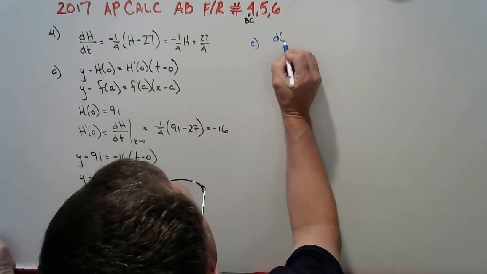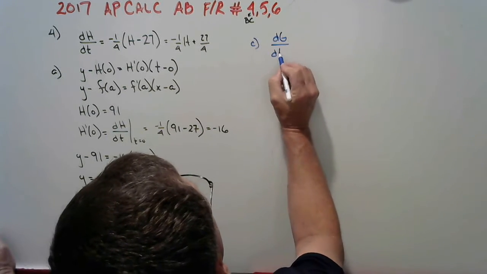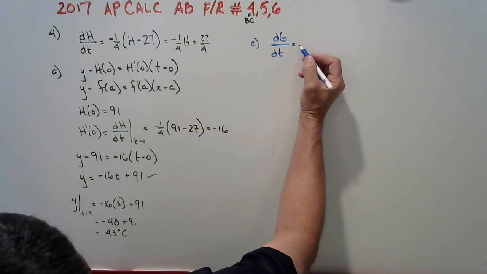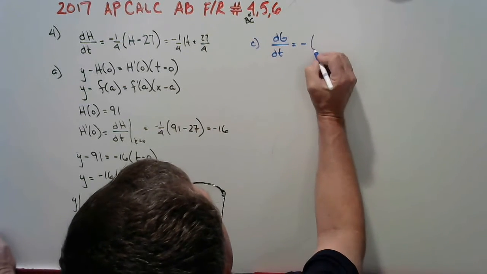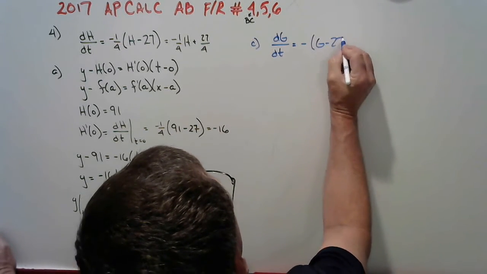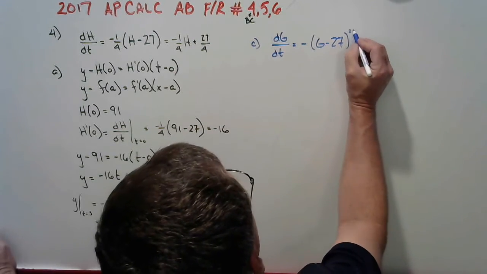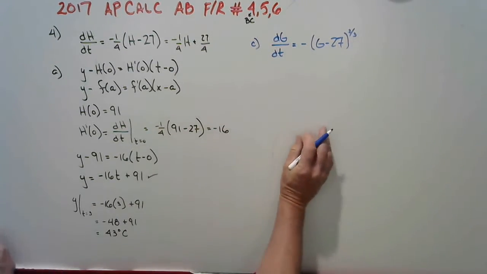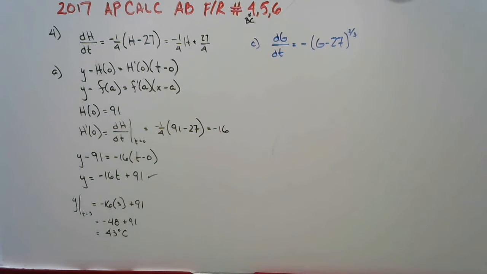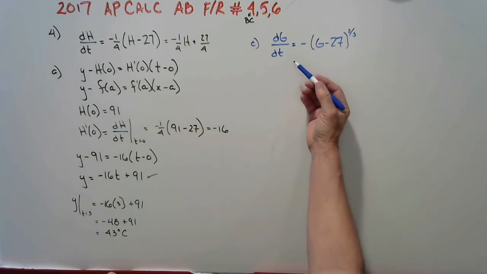We have dg dt equals negative g minus 27, still Newton's law of cooling, but now, it's not technically Newton's law of cooling, pardon me. So we get to the 2/3, and they want us to solve this differential equation. Now this is a separable differential equation.